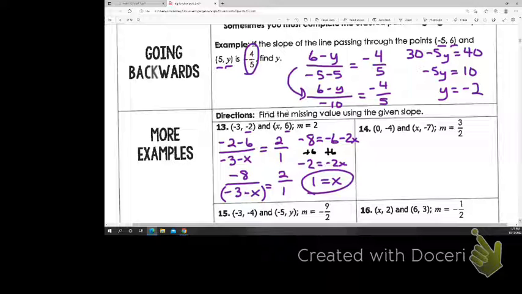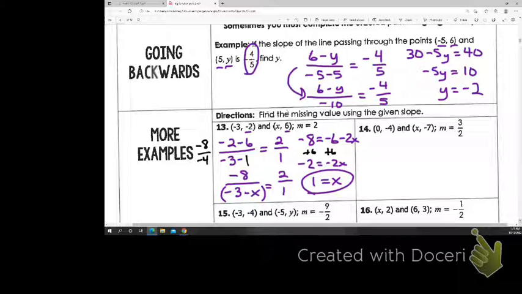If I go back and put a 1 in here, then I would have -8 over -4. And if I divide that, hooray, I do get 2. Notice I don't see the 2 initially. It's what it reduces to.